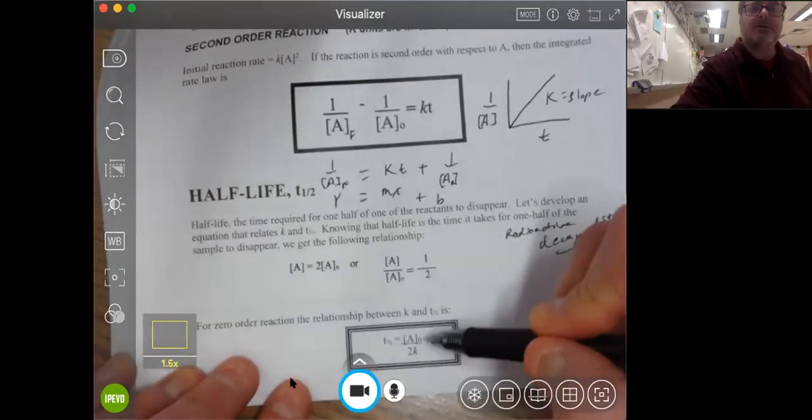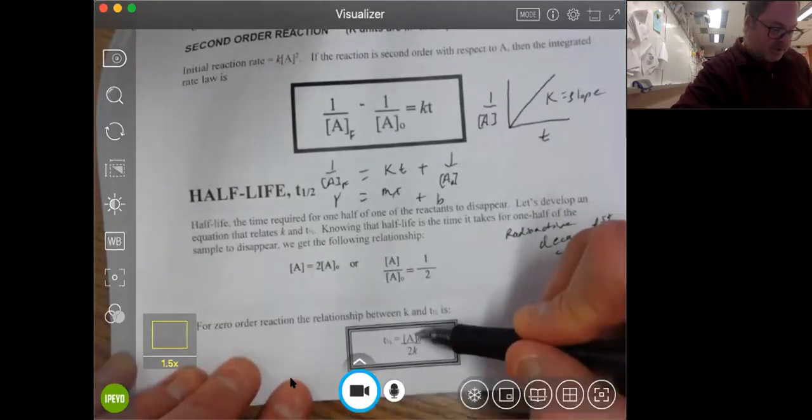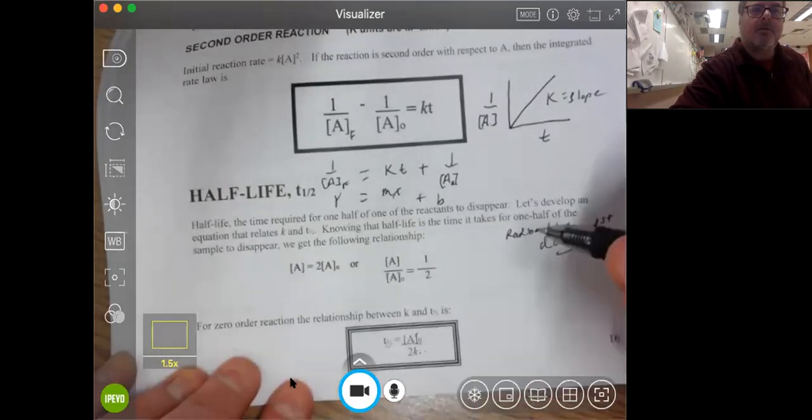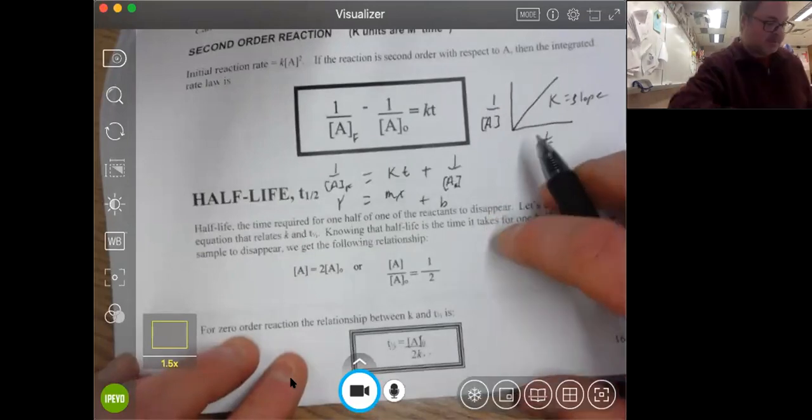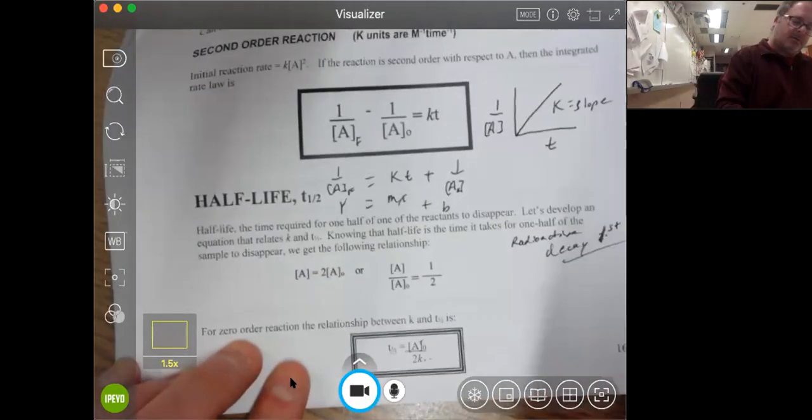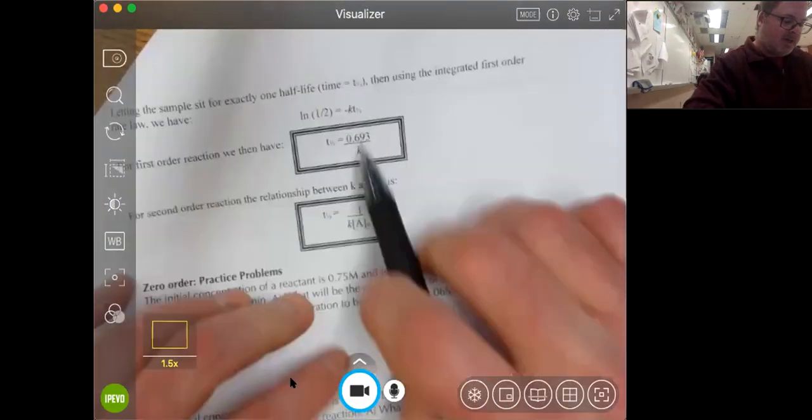So if we look at those two things, the half-life is dependent on the concentration and the K. Now, for a first order reaction, it is not. It is only dependent on the K.